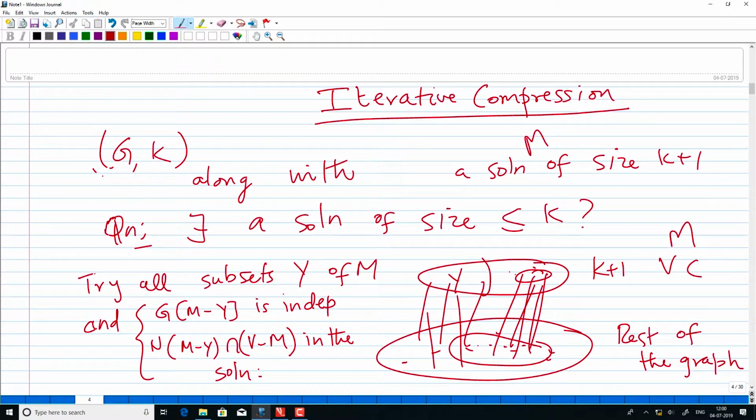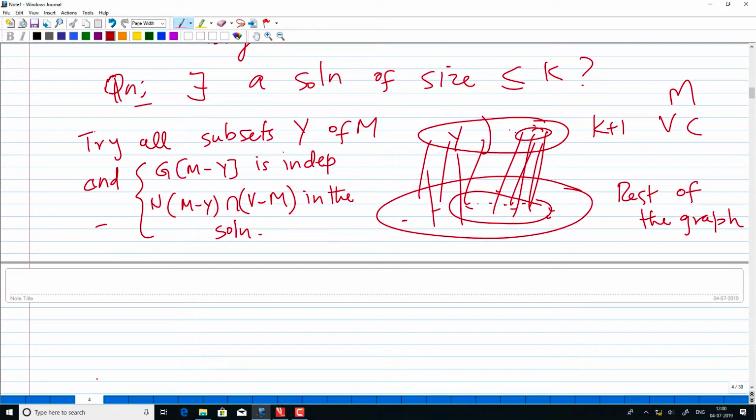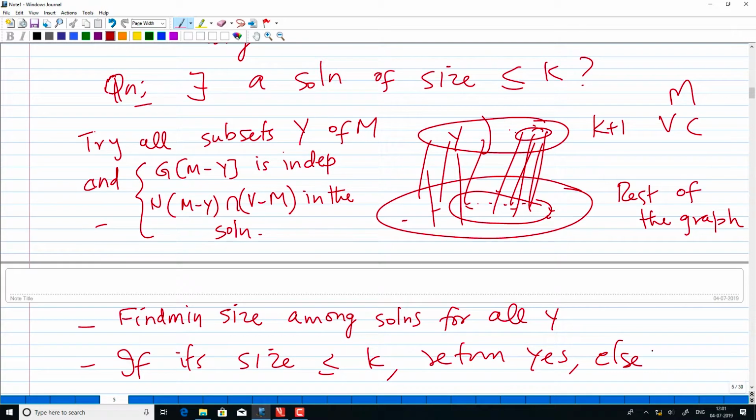So, actually good point. So, find the minimum size among solutions for all S, and if its size is less than or equal to k, return yes, else return no. Okay, so that's a complete algorithm.